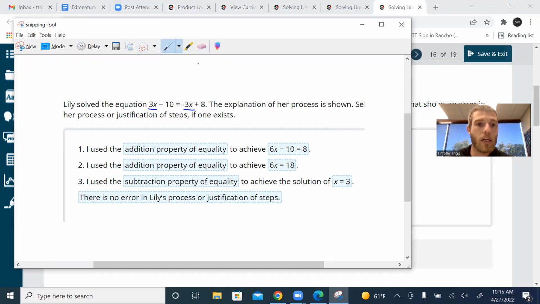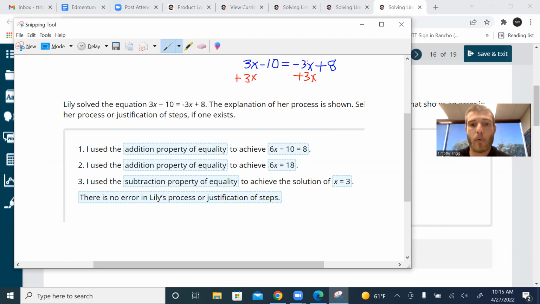So we're going to use the addition property of equality to move all our x's to the same side. I'll show you what I mean. I'm just going to rewrite the problem. And again, whatever I write, you should be writing. Now, what I would do first is add 3x to both sides of this equation.